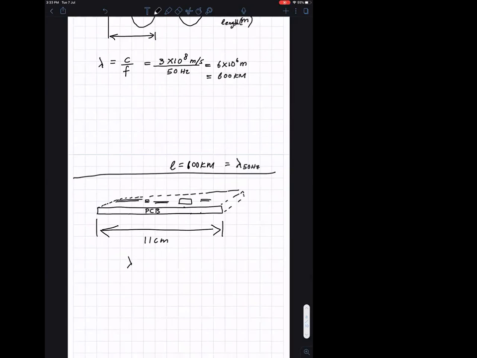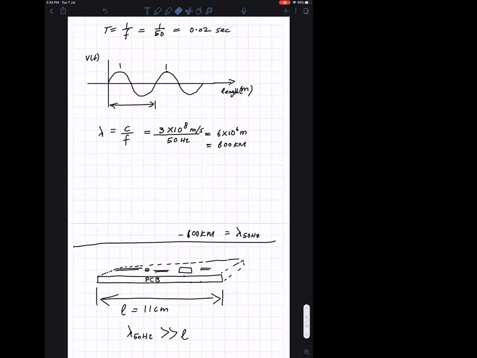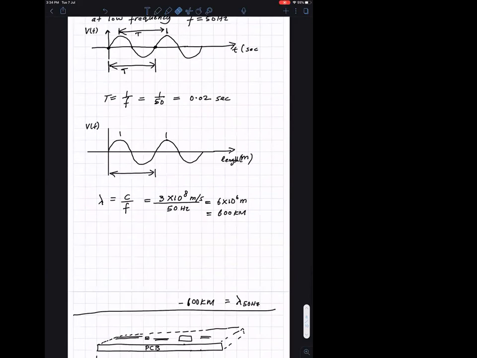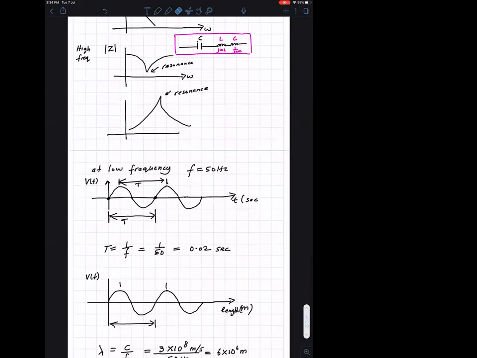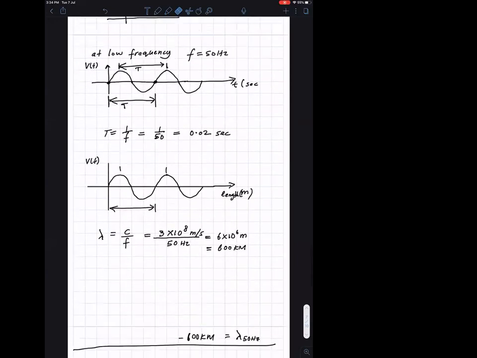The lambda at 50 hertz is very much longer than the circuit length. Call this the circuit length. So in this case, there are no transmission line effects. That's the point I'm trying to make.